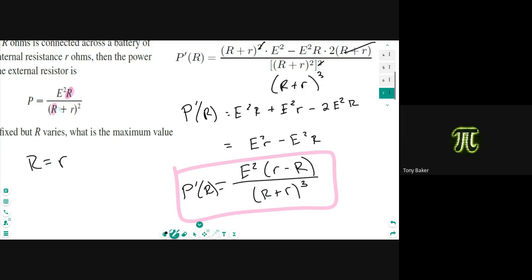So if R equals R, I go back to my original problem. Little r. Wait. I did screw that up. Just r.